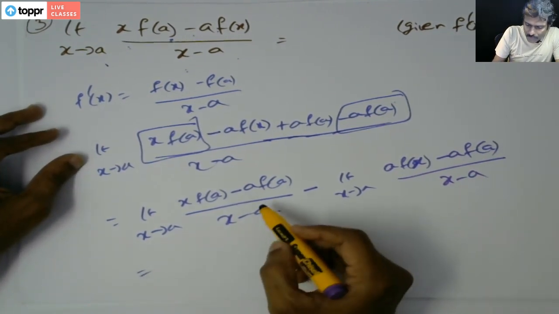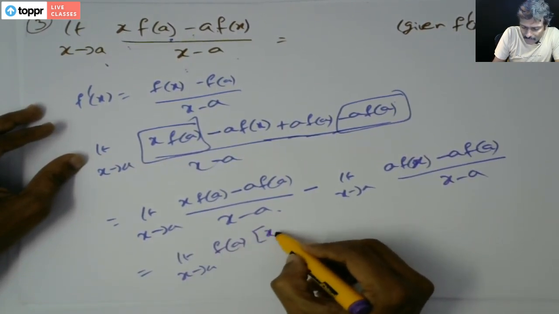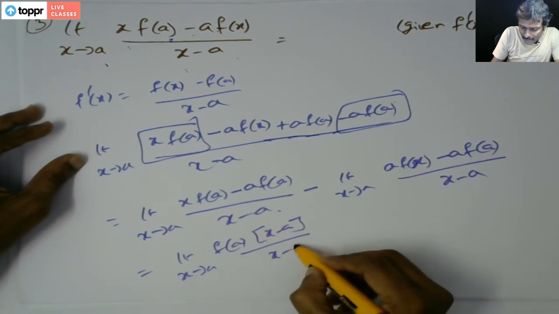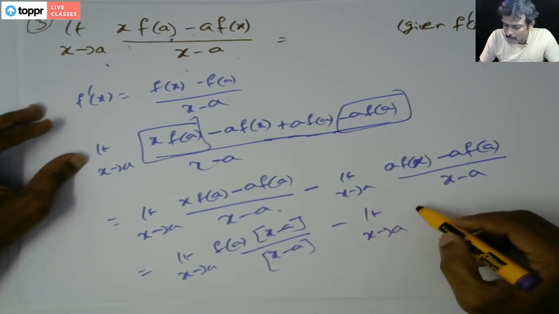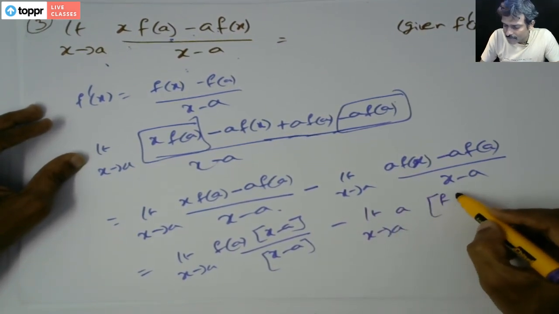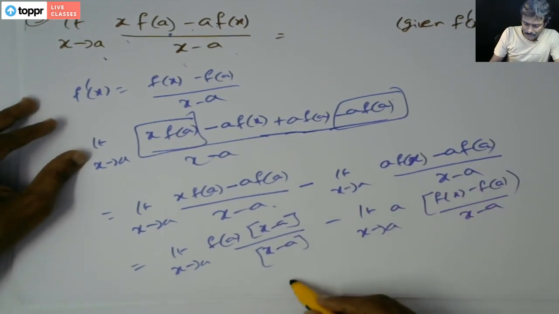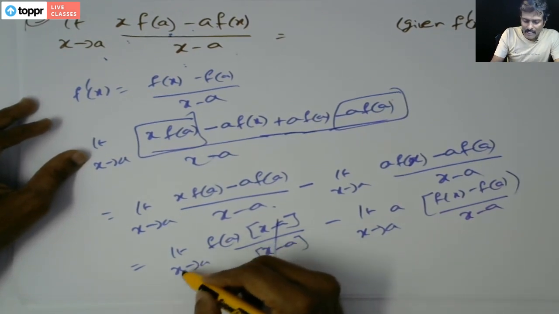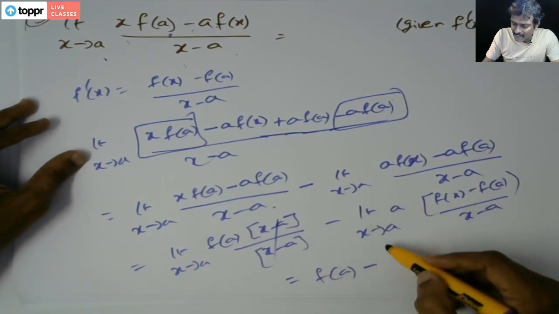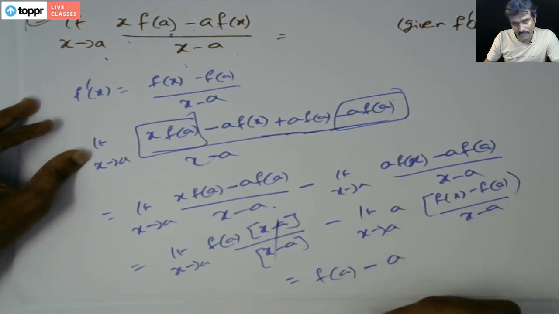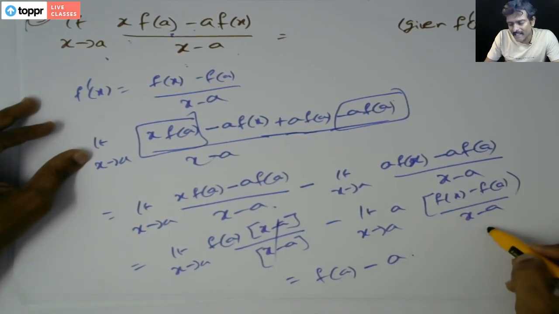Right, now what can we do here? I can take f of a as common, then I have x minus a by x minus a, minus limit x tends to a, if I take a common, it is f of x minus f of a by x minus a. So this will be cancelled here, and you cannot substitute anything there, so it is simply f of a minus, this a is a constant, so which you can write out of the limit, times limit x tends to a of f of x minus f of a by x minus a.